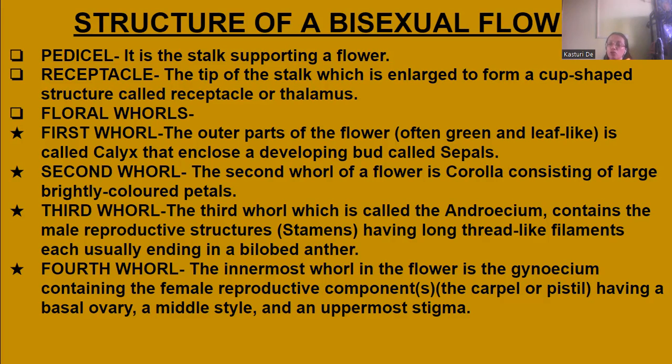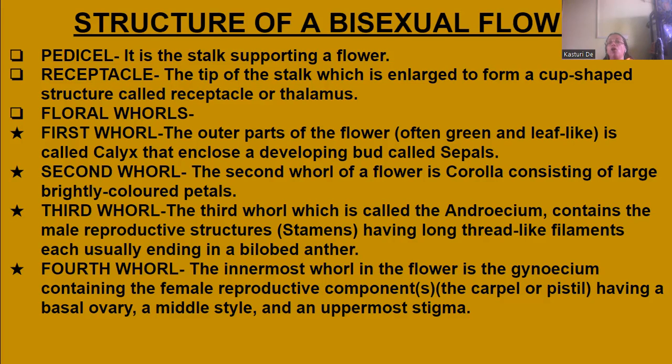The floral leaves are attached to the pedicel at a certain point, where the tip of the pedicel has become enlarged, or has formed a cup-shaped structure known as thalamus or receptacle.